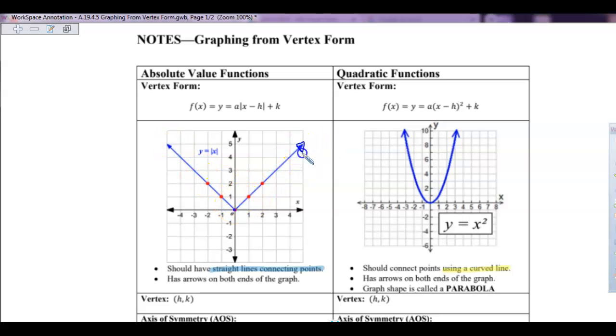They still have the arrows so that your domain is still going to be all real numbers, and your range will again start at the vertex and go up. You do have a vertex and you do have some points, but the important part is it's the straight lines connecting those points. On a quadratic function, then we have the parentheses and it's being squared, and in this case they have curved lines.